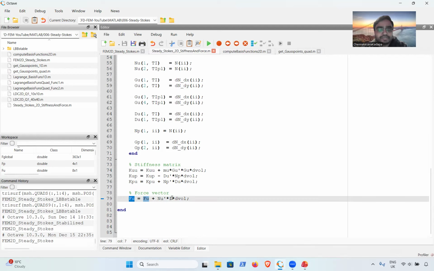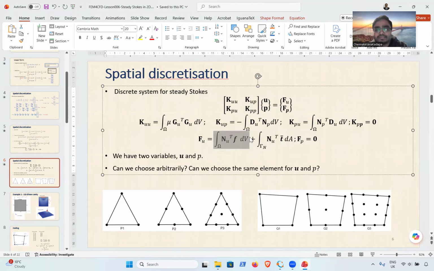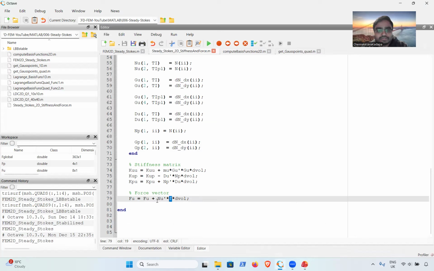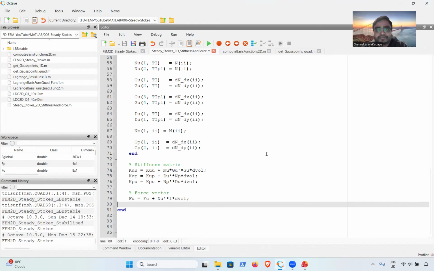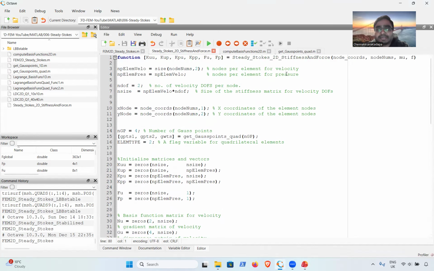And if we have any positive body force F, for the first term, we need to calculate this over the element, so NU transpose F. So in this way, we calculate the element stiffness matrix and force vectors.